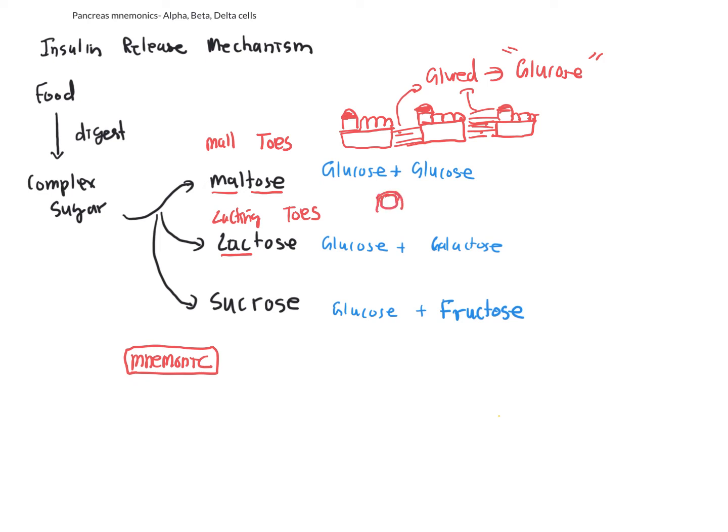So the word girl should remind us of galactose, and think about the word glued, as in glucose. All right, girls lacking toes glued together. When you imagine this picture, it'll be easy for you to remember girl for galactose and glued together for glucose.